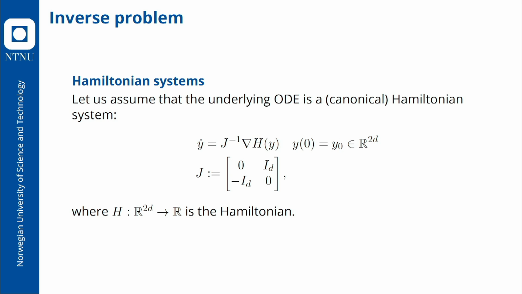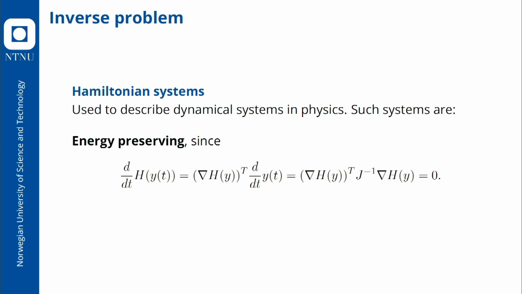So a canonical Hamiltonian system looks like this, where H is a scalar function, our Hamiltonian, and it's ubiquitous in physics, and it's derived from classical mechanics as the sum of kinetic and potential energy.